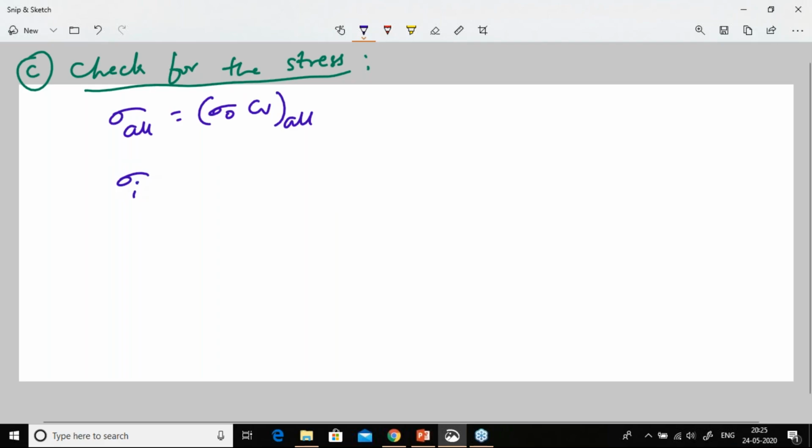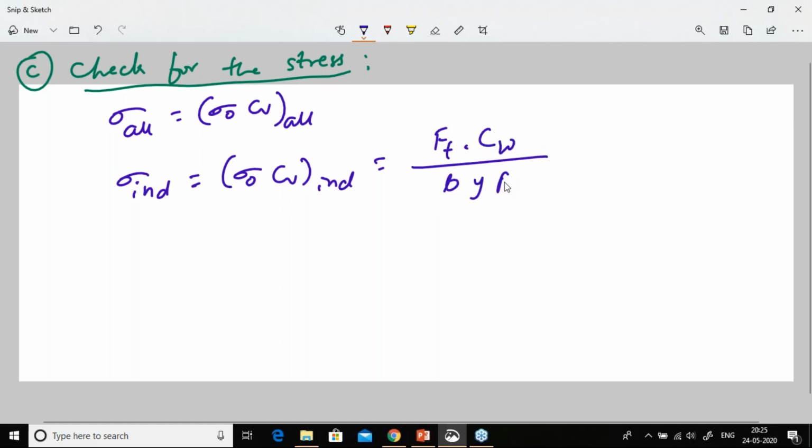Similarly, sigma induced is equal to sigma naught Cv induced, which is equal to Ft into Cw divided by b y pn.